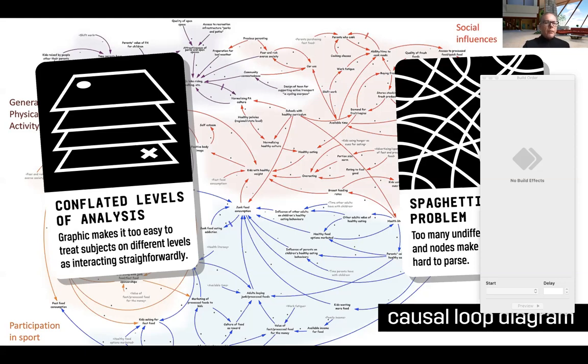There's often a lot happening in between. So one of the things that I do with the mapping is to try to pull out different levels of analysis, pull out different subject areas first, and then map those, and then draw the linkages across those areas, as opposed to creating the one big diagram that tries to explain everything.